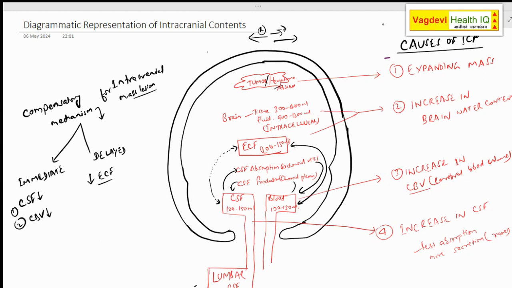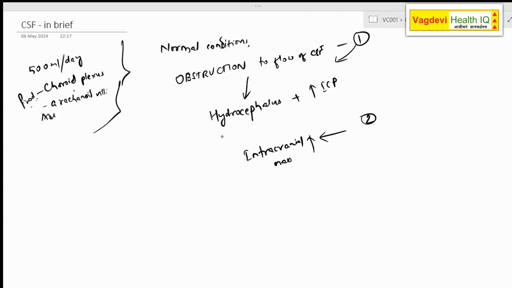And if that is the situation, intracranial pressure will be much more, much more. Okay, intracranial pressure is increasing. And then in the third scenario, more and more expansion has happened. The intracranial mass is increasing. This will cause expulsion of CSF to the lumbar theca, it will go down.